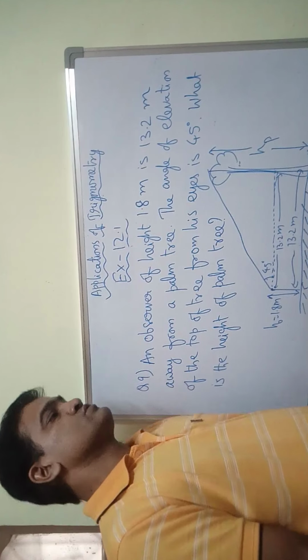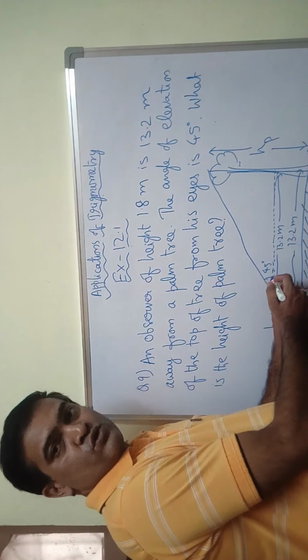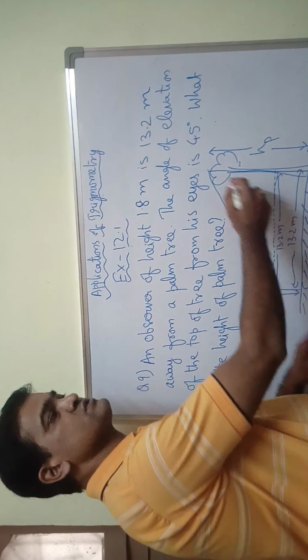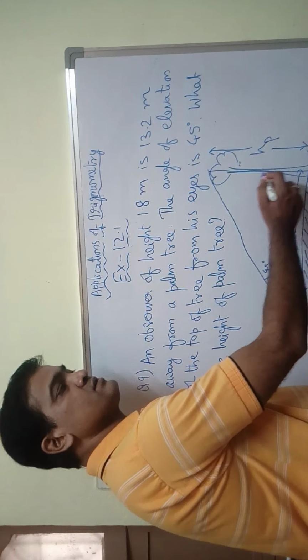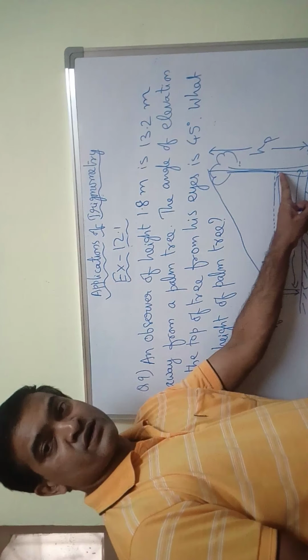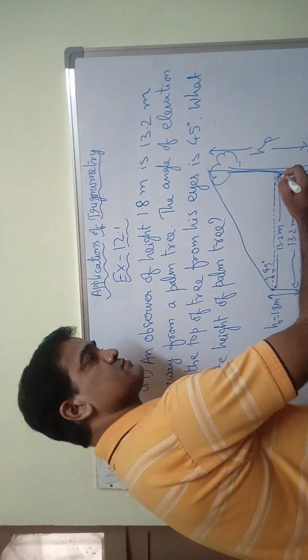The angle we know, that is 45 degrees. To this 45 degrees, the opposite side is this length up to the dotted line only.